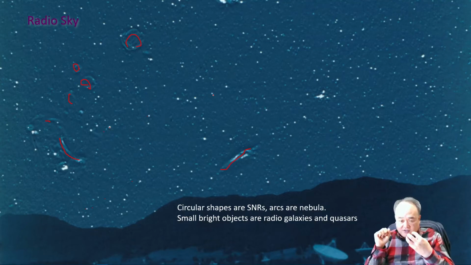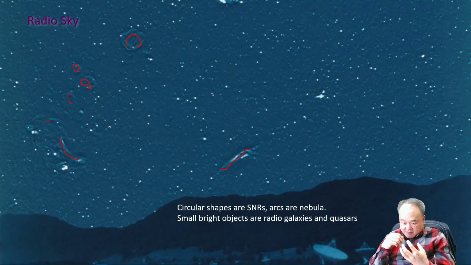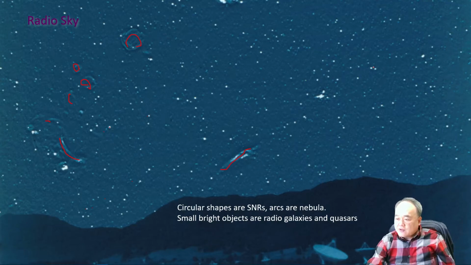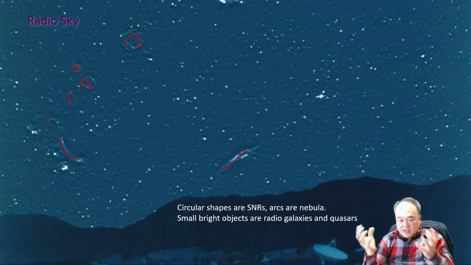In fact, detecting a star's photosphere at radio frequency is extremely difficult. All these point, star-like objects in the radio sky are, in fact, far, far away galaxies and quasars.